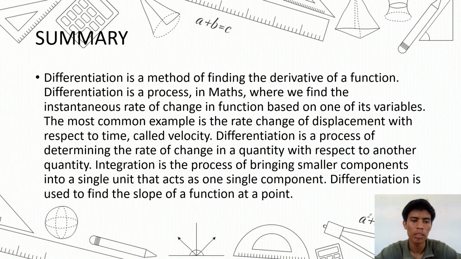Differentiation is a process of determining the rate of change in a quantity with respect to another quantity. Integration is the process of bringing smaller components into a single unit that acts as one single component. Differentiation is used to find the slope of a function at a point.